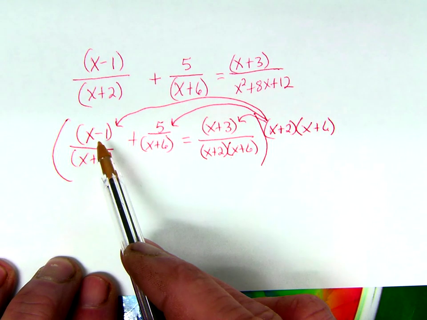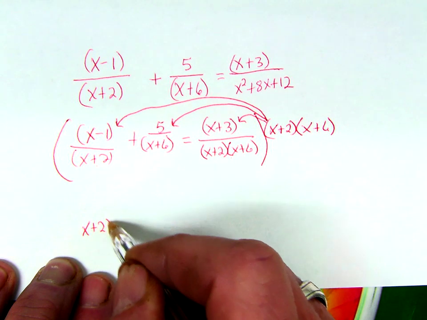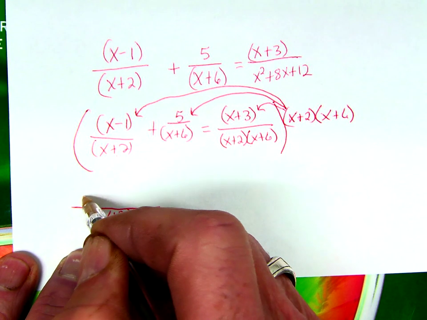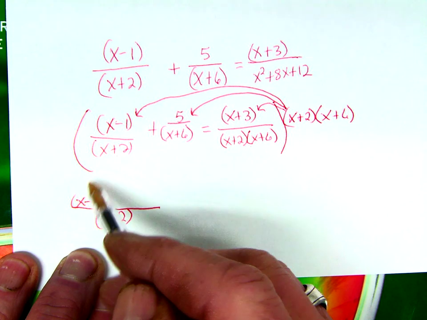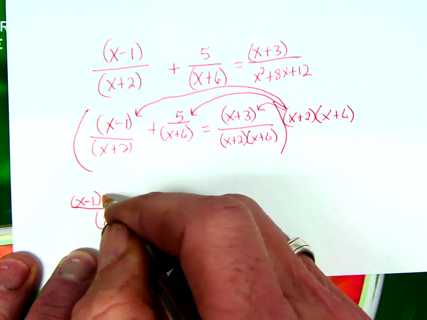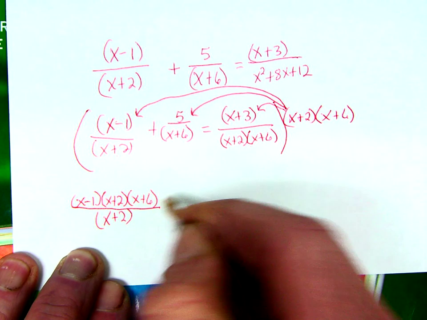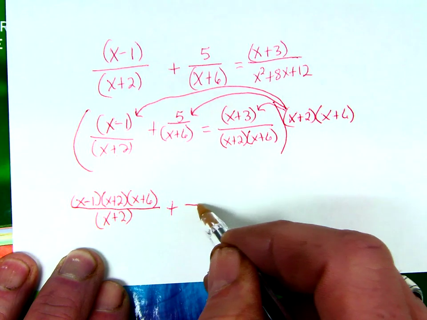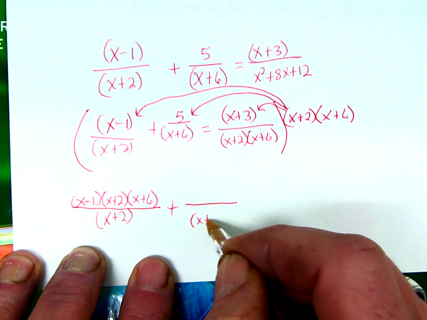For the first multiplication, our denominator is still going to be x plus 2. And on top of that, we have x minus 1, our original numerator, and then these two right here, x plus 2 times x plus 6. Now the plus sign. Our denominator is still going to be x plus 6.